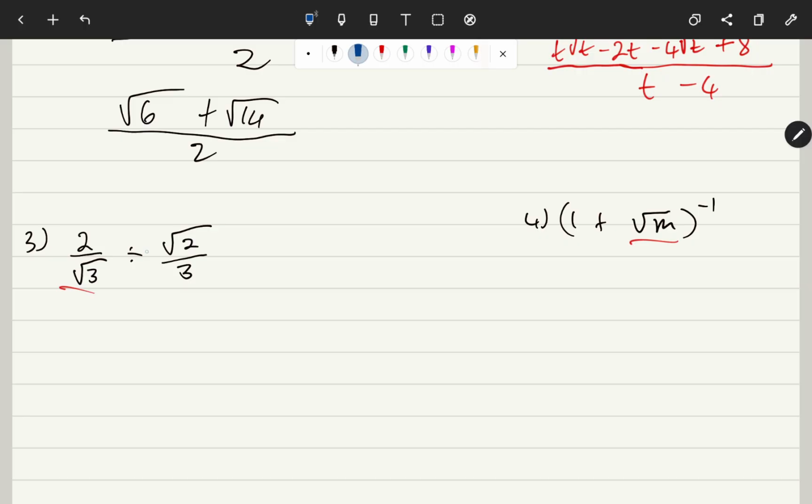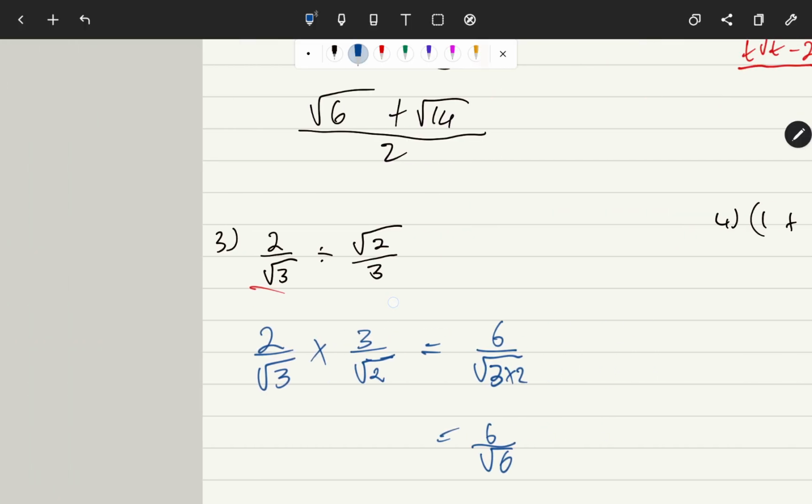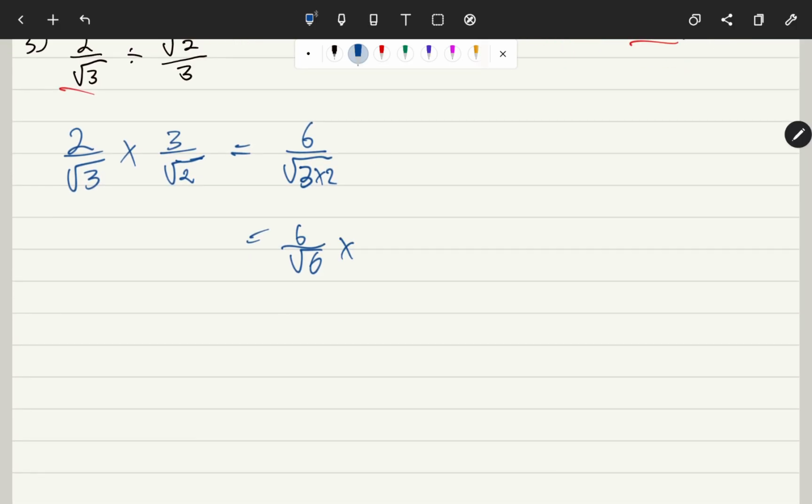Number 3, I have 2 over root 3. I'm just going to change that, and I have this one over here, right? No, that is wrong. This is 2. Cool. So now I can just say I have 6 over 3 multiplied by 2, which is 6 root 6, which of course, to eliminate that side, I just do this.